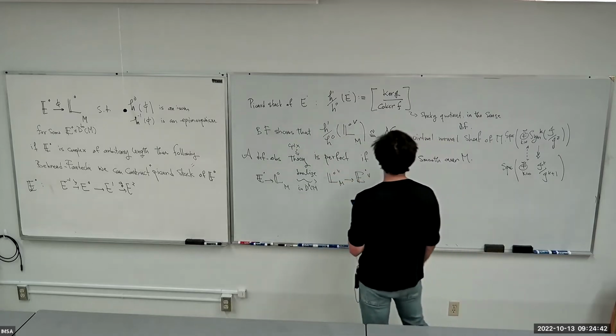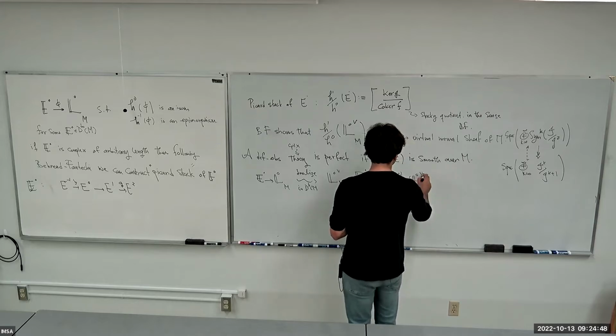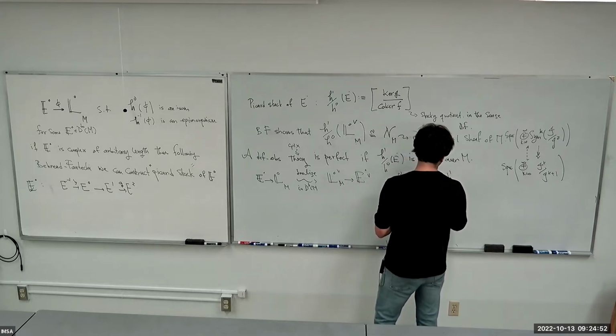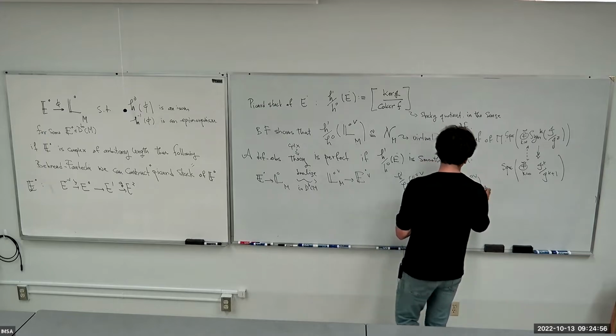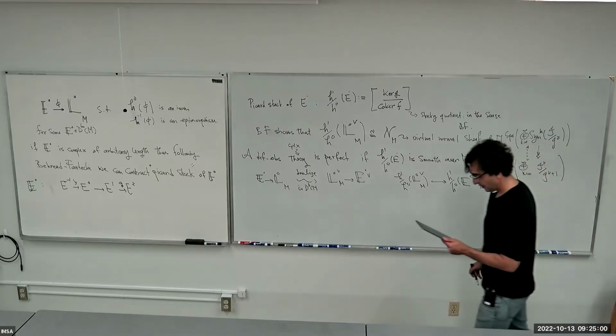Okay. Then from here you can see that H1 over H0 of L dot dual of M gets mapped to H1 over H0 of E dot dual.